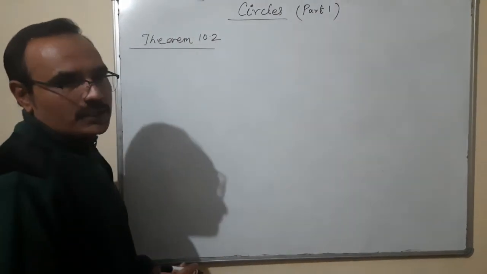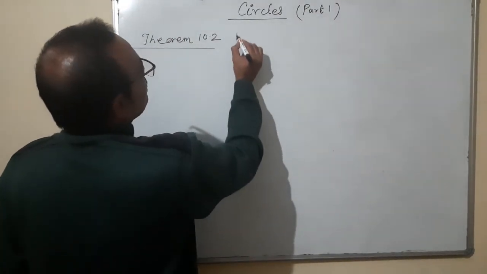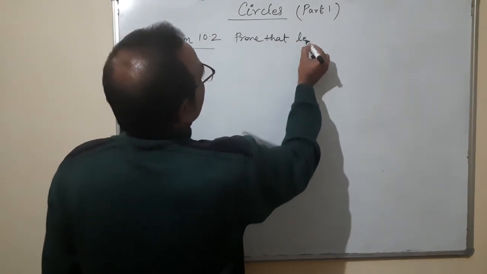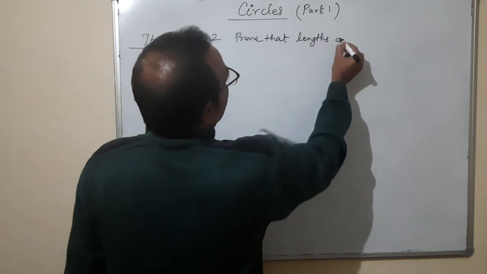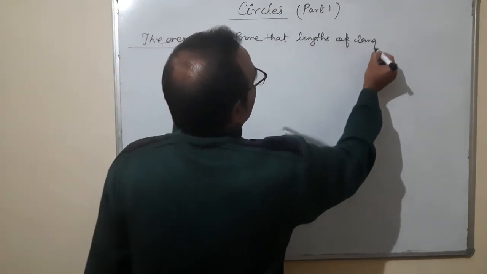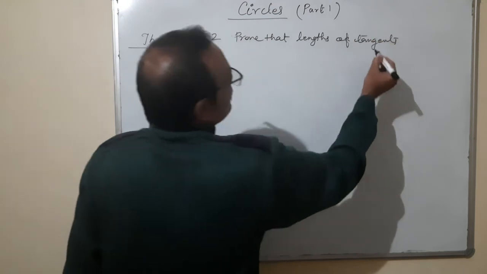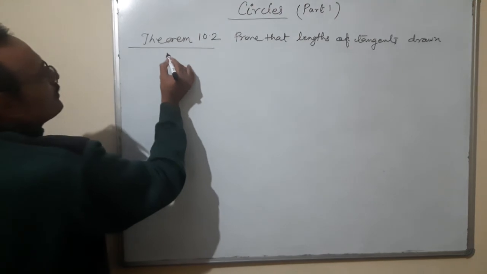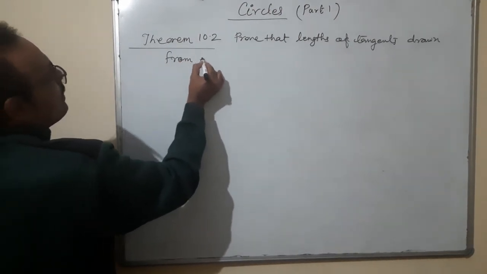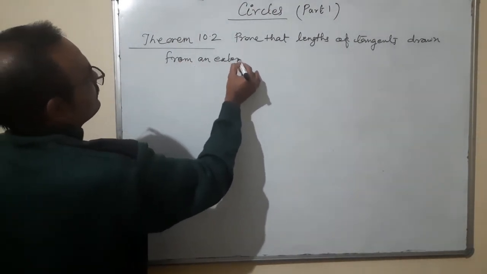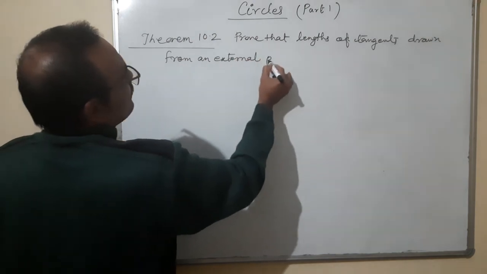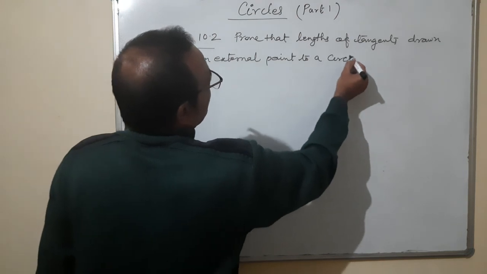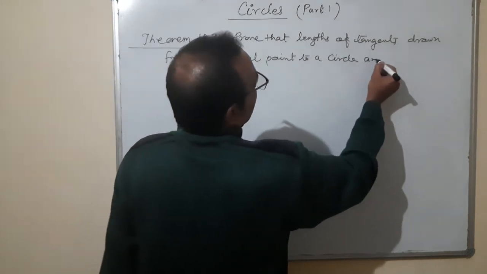10.2. What is it? Prove that lengths of tangents drawn from an external point to a circle are equal.